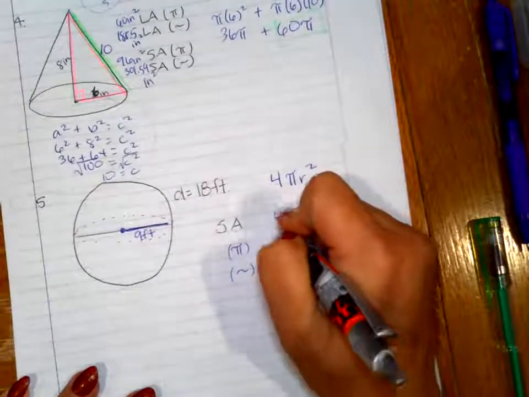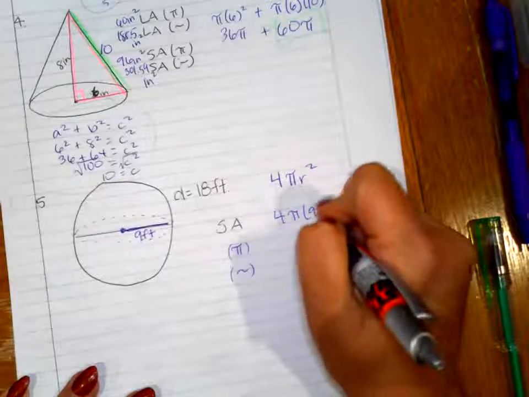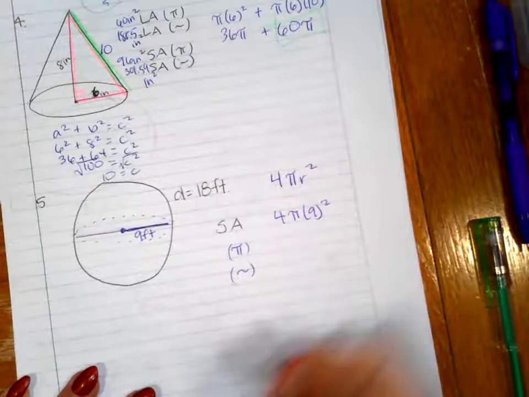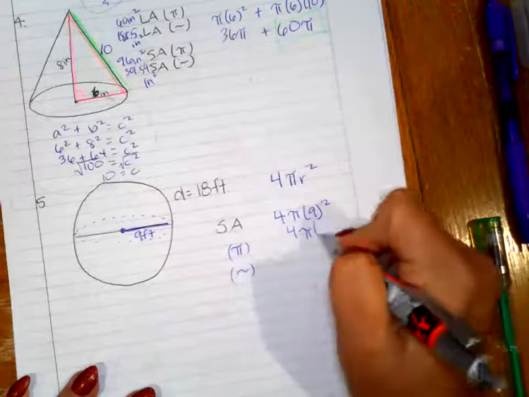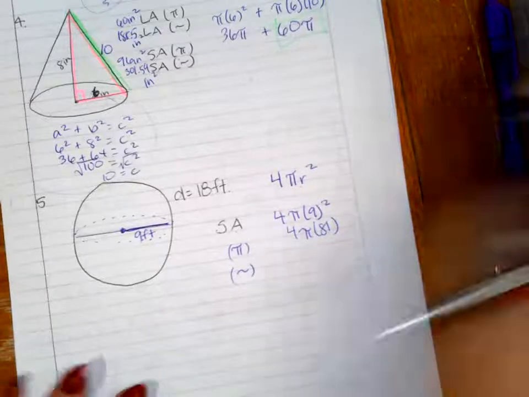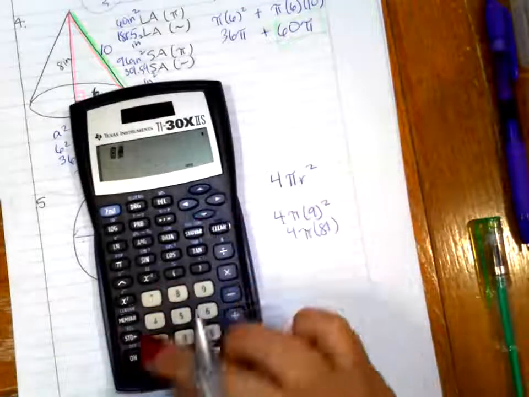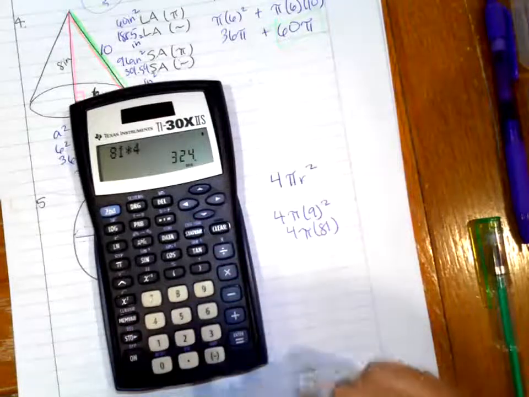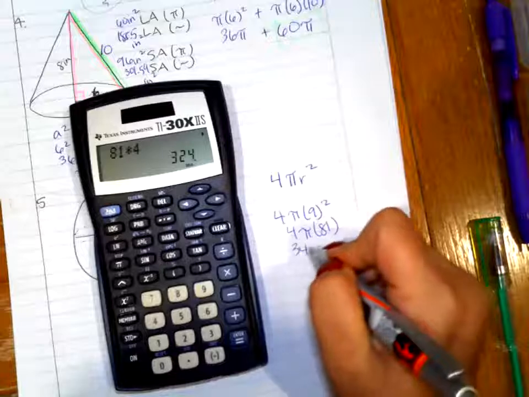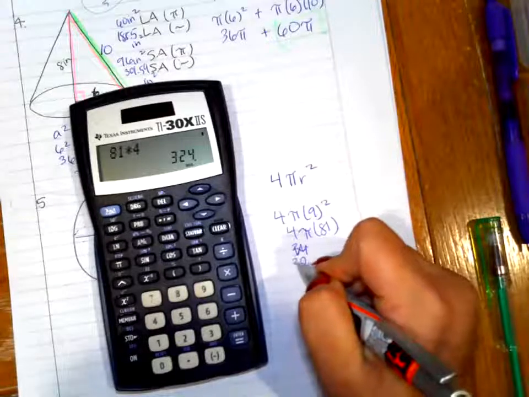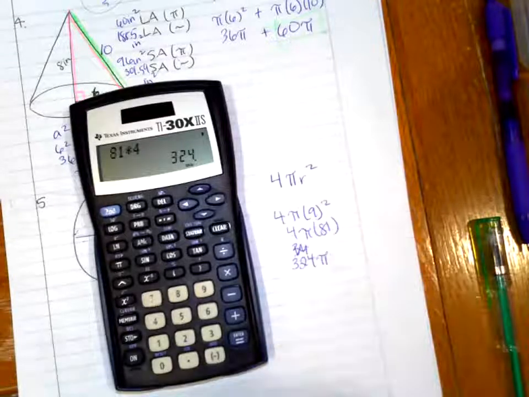So here we go. 4 pi 9 squared. 4 pi times 81. Don't want to do that in your head. 81 times 4 is 324. Oh my goodness, 324 pi.